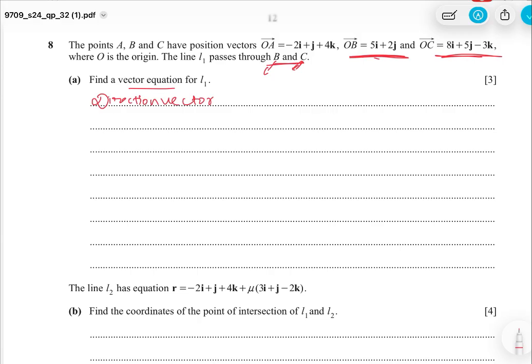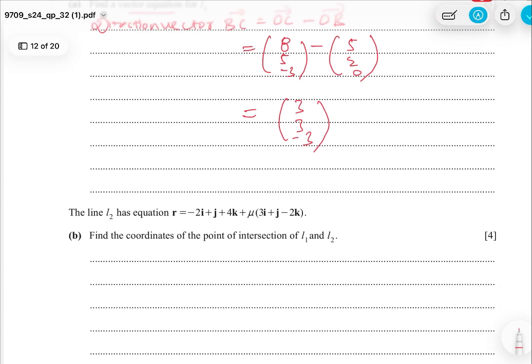One is the position vector, which we know. Next is the direction vector. The direction vector for BC would be OC minus OB. Yes or no? That would give us (8, 5, −3) minus (5, 2, 0), and our answer would be (3, 3, −3).